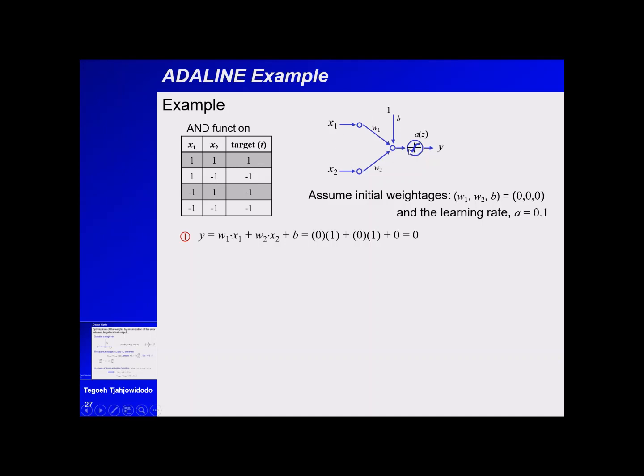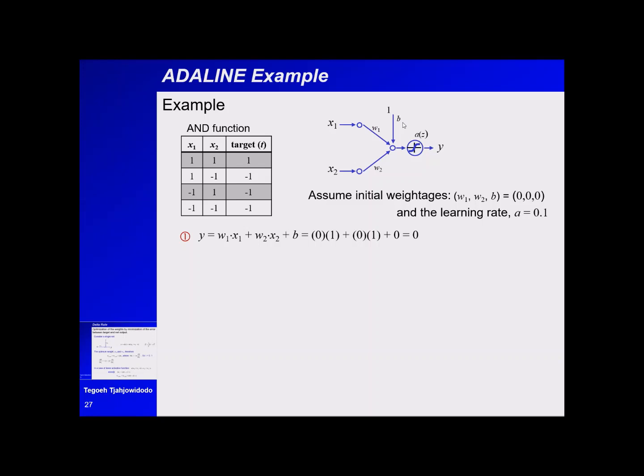This will be the network that I will use to capture this AND logic function. So I will have two inputs, x1 and x2 here. I have W1, W2, and I have B here. Normally I use W0 for the bias, but here, just to differentiate, I will use B for the bias.